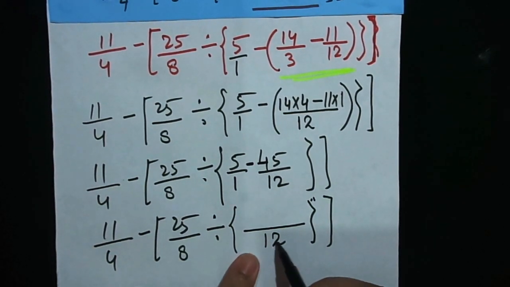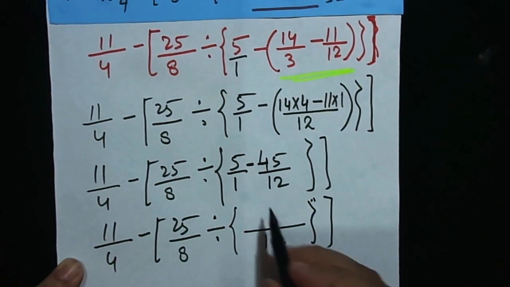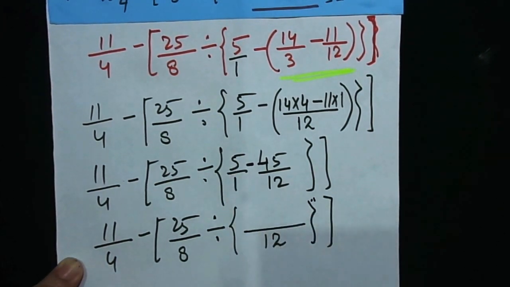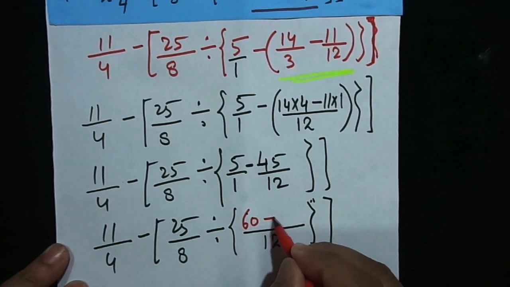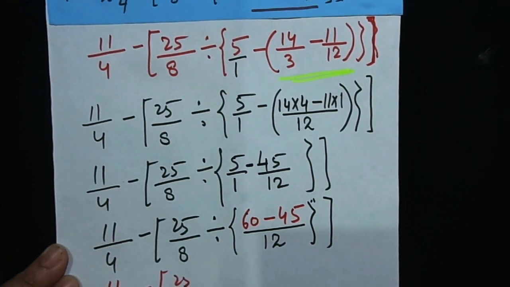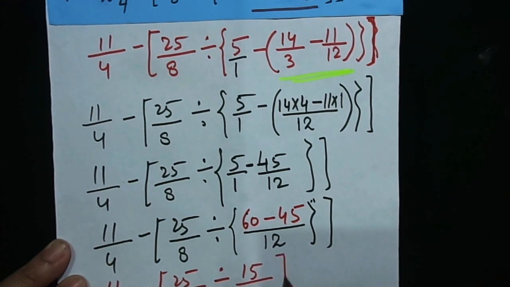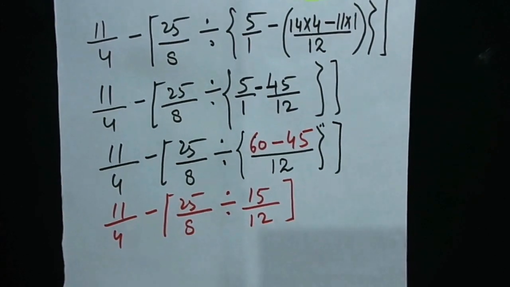After taking the LCM of 1 and 12 as 12, naturally 5 multiplied by 12 is equal to 60. 60 minus 45 is equal to 15. So we have 11 by 4 minus 25 by 8 divided by 15 by 12.